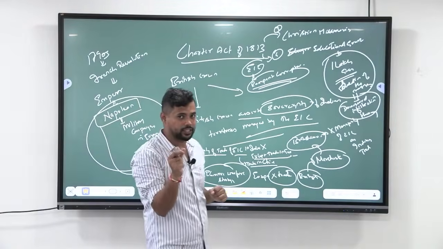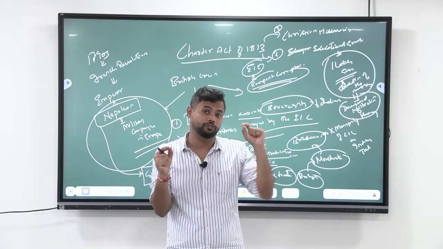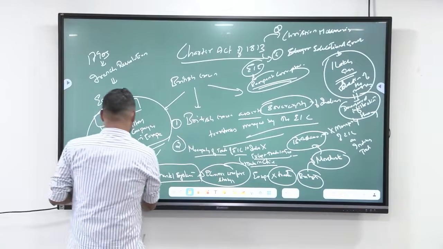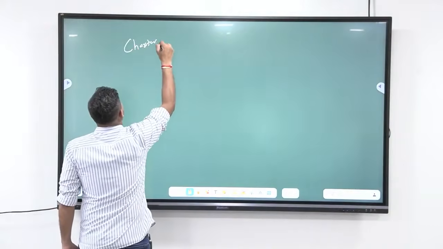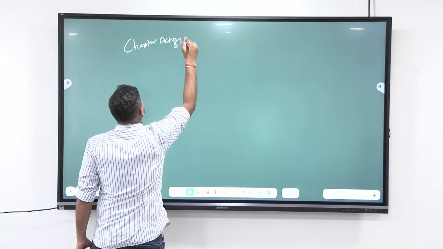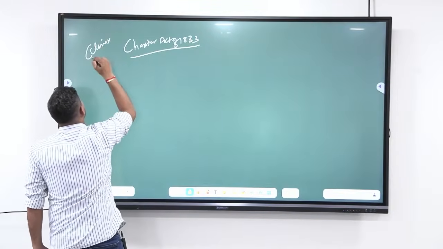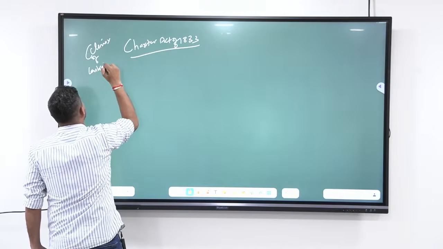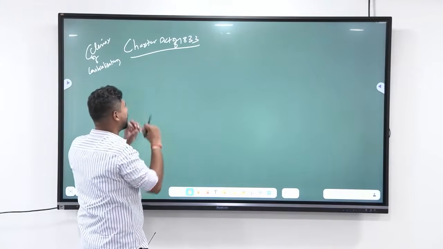The next act is the Charter Act of 1833, and that becomes very important because it is called the climax of centralization. Why are they calling it the climax of centralization? Because now the entire power is taken and put under one person.